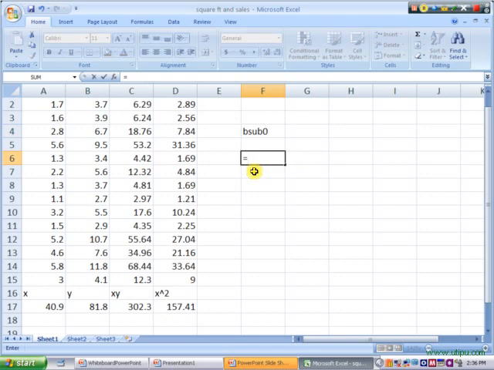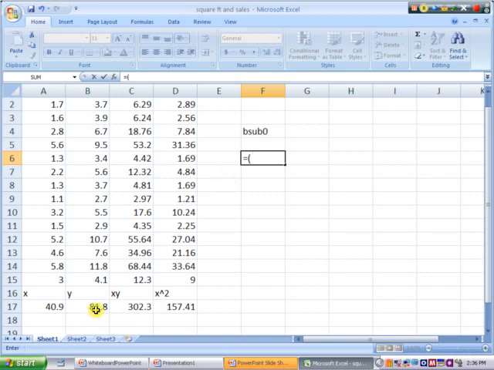Now that whole numerator was sum of the y times the sum of the x squared minus the sum of the x times the sum of the xy. You need to refer back to that. So all of that needs to be in a parenthesis, the whole numerator.